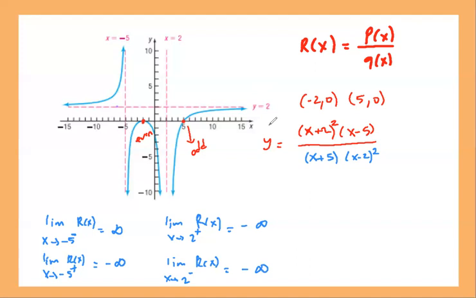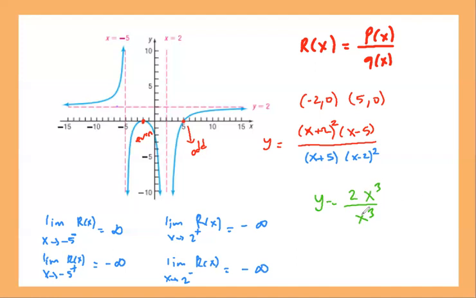So when x approaches positive or negative infinity, this fraction should get closer to 2. How is this going to happen? That will happen if your numerator is 2 times x cubed and the denominator is just x to the third power. You may have some other terms, but it is pointless to consider them, because if the number is big enough, the other terms are not a big deal.